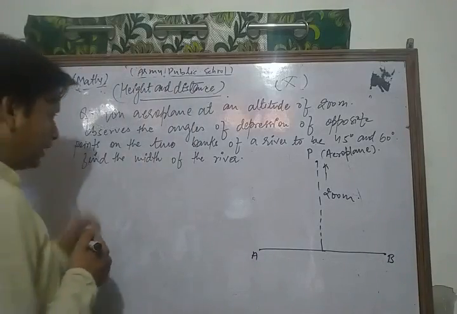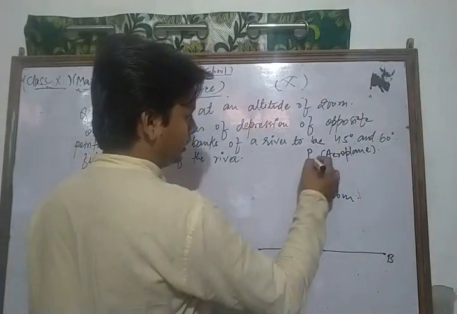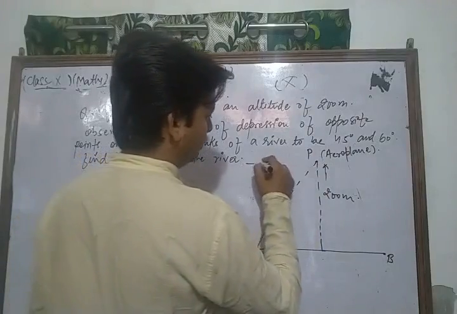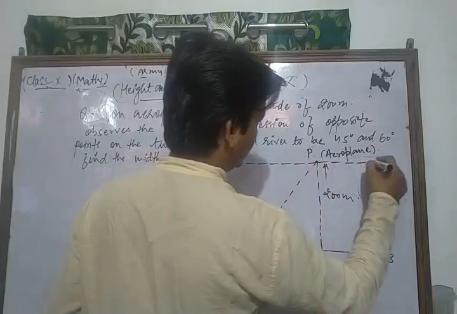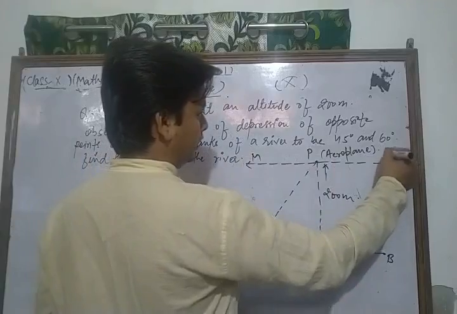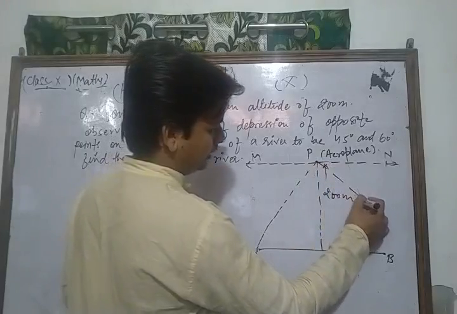The opposite points on the two banks of the river, A and B, are observed at 45 and 60 degrees respectively. Suppose we draw a line MN which is parallel to AB.